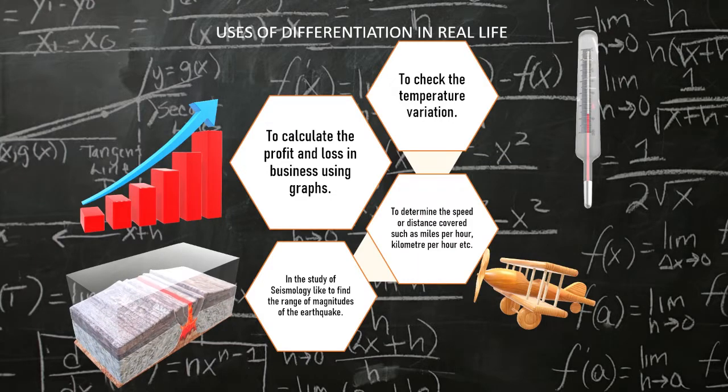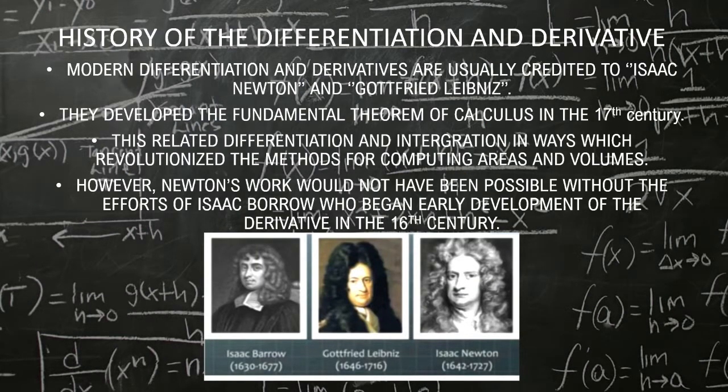The history of differentiation or derivative. Modern differentiation and derivative are usually credited to Isaac Newton and Gottfried Leibniz. They developed the fundamental theorem of calculus in the 17th century.